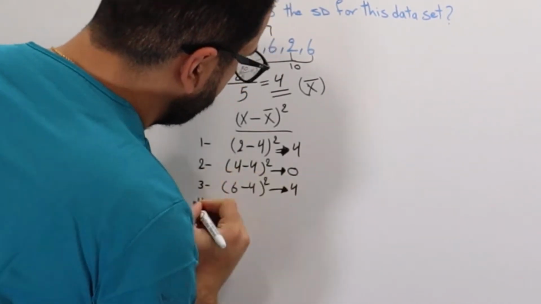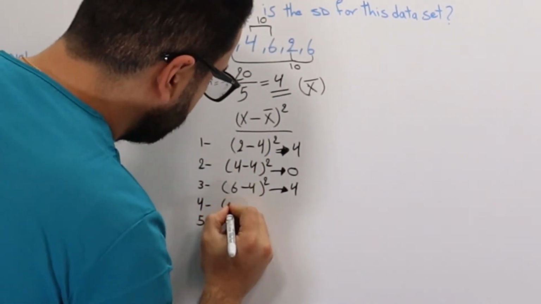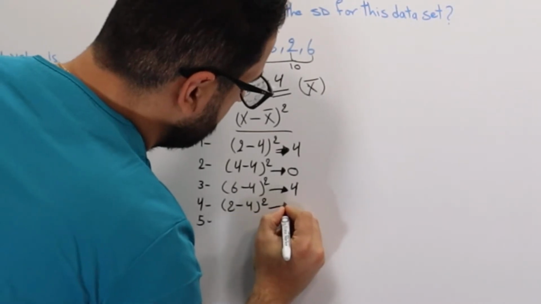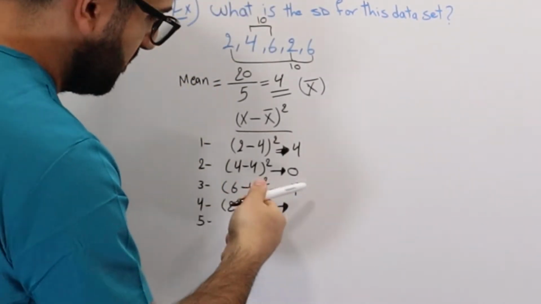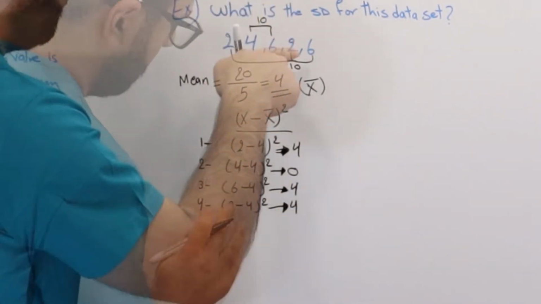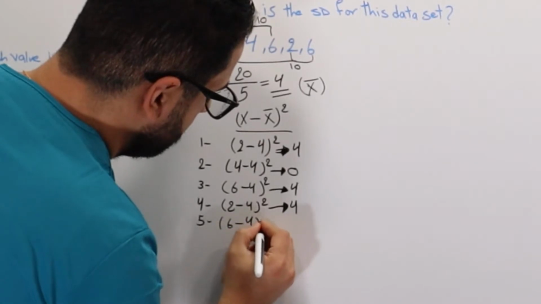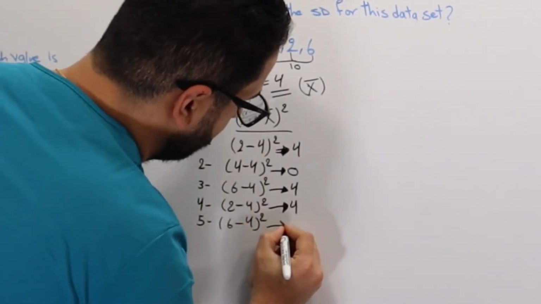So we have another 4 over here. The fourth data point is 2 minus 4 squared. And the answer in this case is going to be just like the first data point, which is another 4. The last data point is 6 minus 4 squared. And it's going to be just like the third data point, so it's going to be another 4.